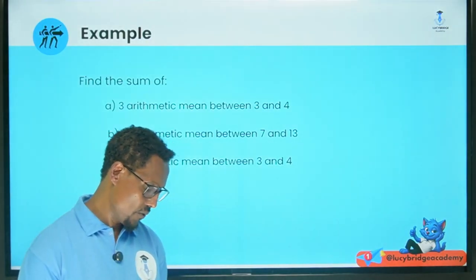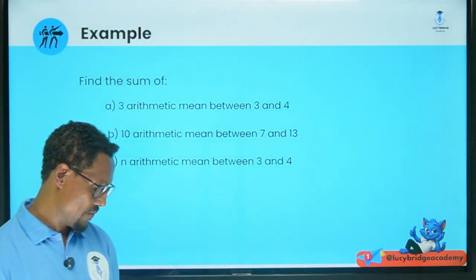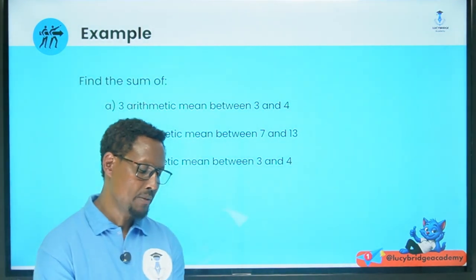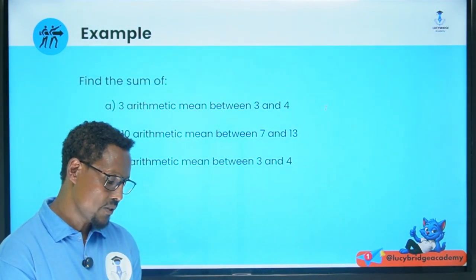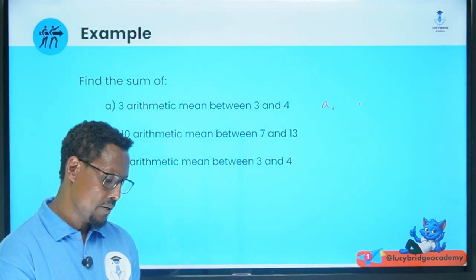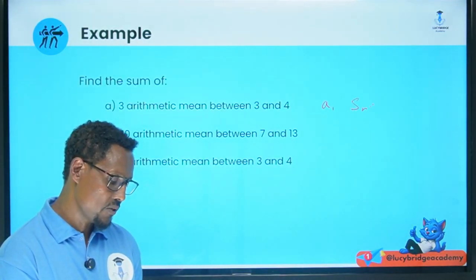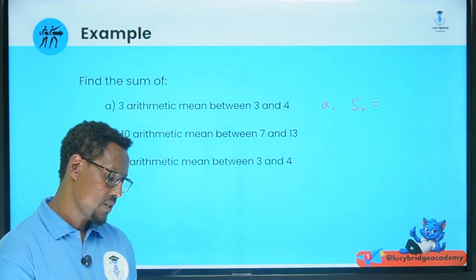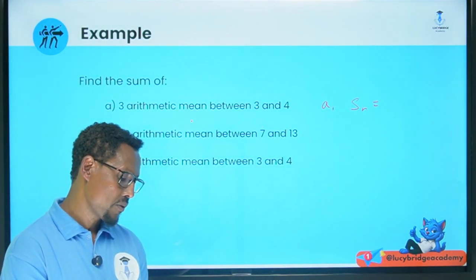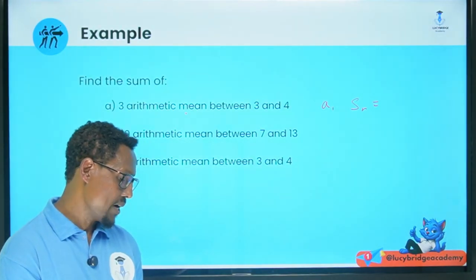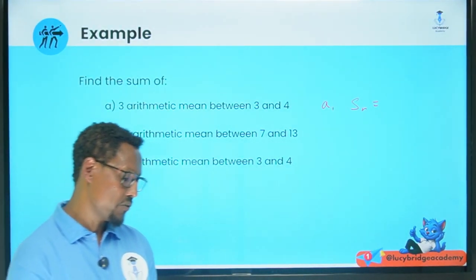Find the sum of 3 arithmetic means between 3 and 4. See? So for the first one, what will be our Sn? Sn is equal to... 4, isn't it? 3 arithmetic means. Yeah, find the sum of 3 arithmetic means between 3 and 4.